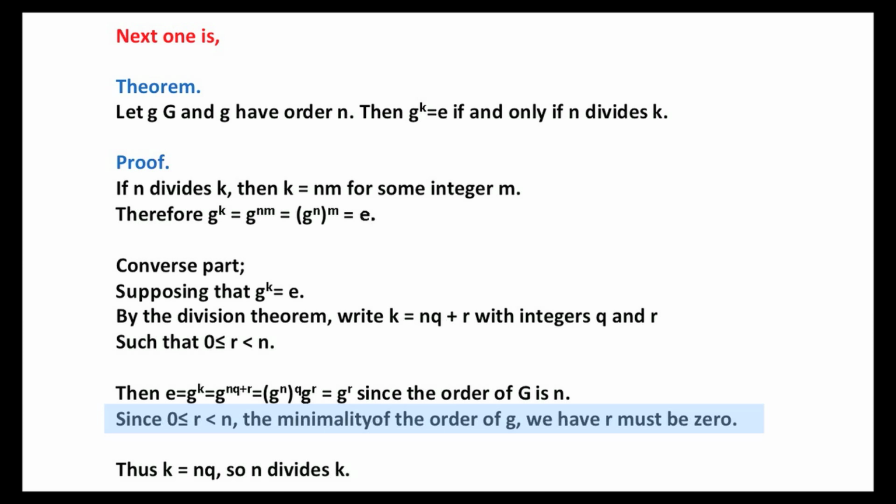Since 0 is less than or equal to r, which is less than n, by the minimality of the order of g we have r must be 0. Thus, k is equal to nq, so n divides k.